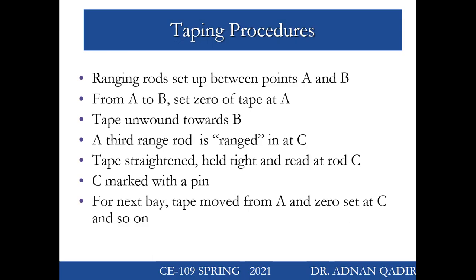When your 100 feet is complete, we insert a peg, or we say first we insert a rod C, and standing at point A and looking at B, we try to insert C in such a manner that point C is within A and B. Then you just hold the tape tight, read the rod at C, and insert a pin or peg.